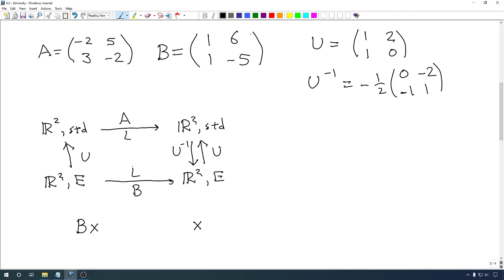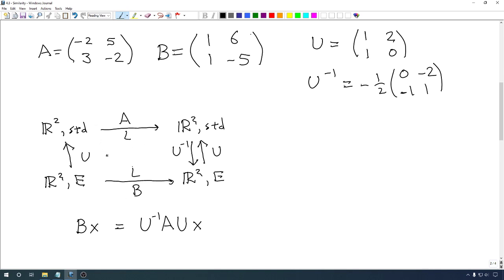So instead start with x, multiply it by U, and get a vector in the standard basis. Then we can use L to move it over to here, and using L in this case is just multiplying by A, so U times x is then going to be multiplied by A. And then finally, we want to put it back into the basis E instead of the standard basis, and this time we need to multiply by U inverse. So we take this AUx, we multiply it by U inverse, and we're going to get the same result.